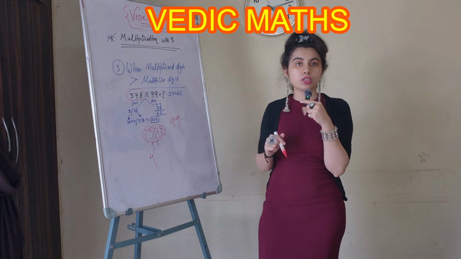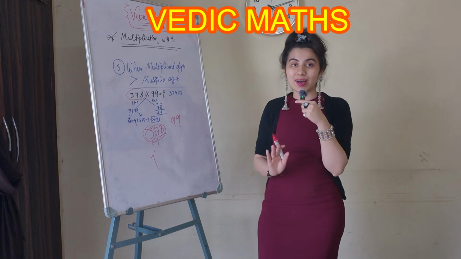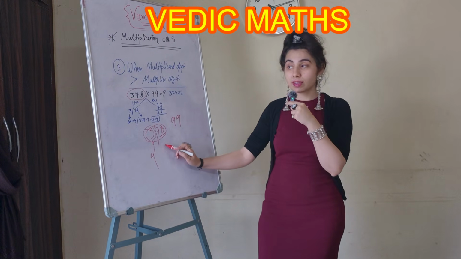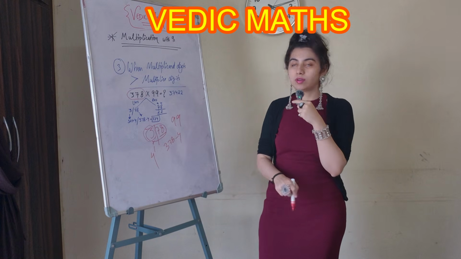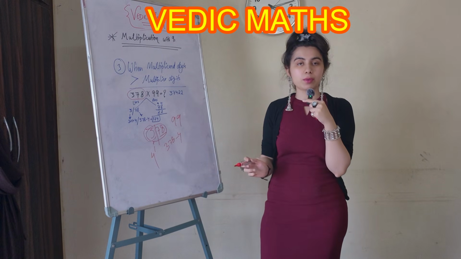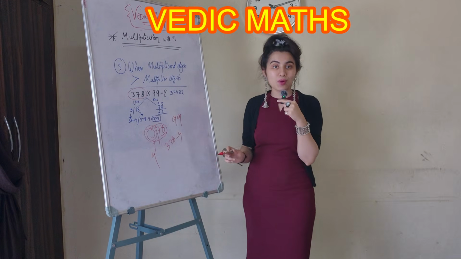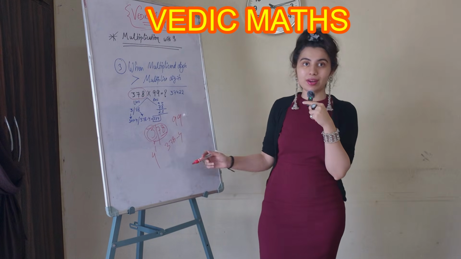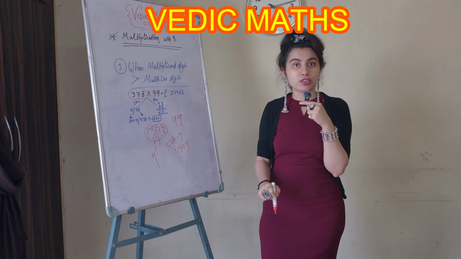Now after you get 4, you have to subtract it from 378. So 378 minus 4 will be 374, right? Very easy one. So 374 is your LHS.